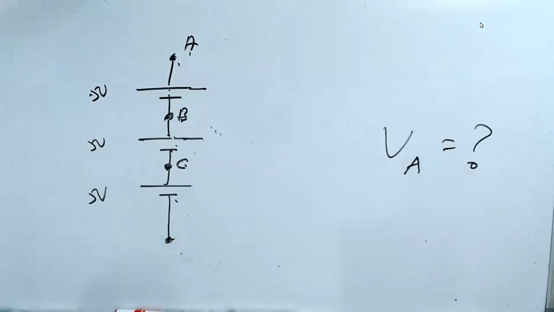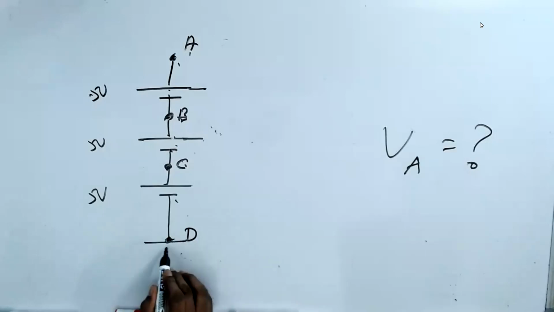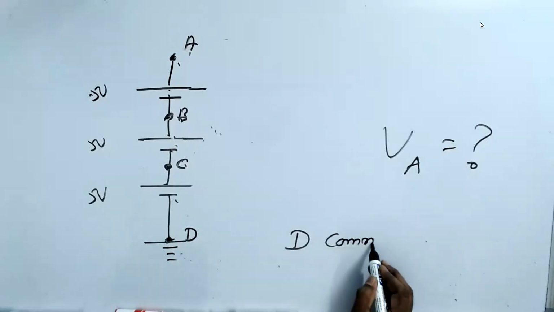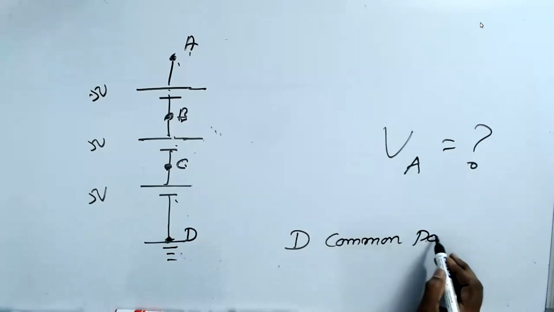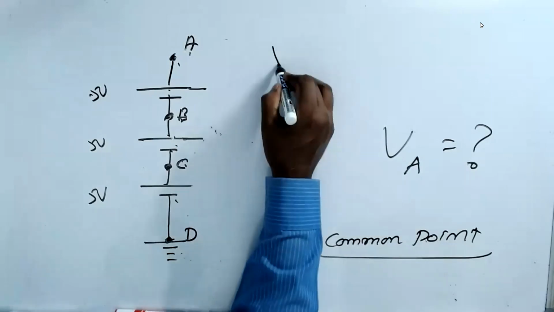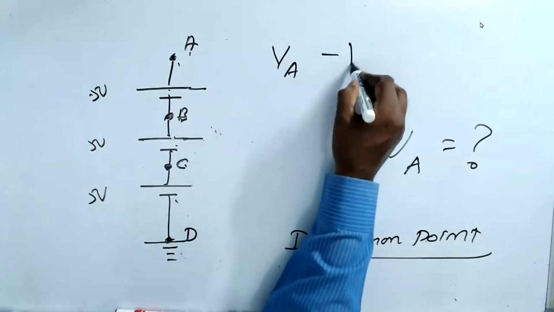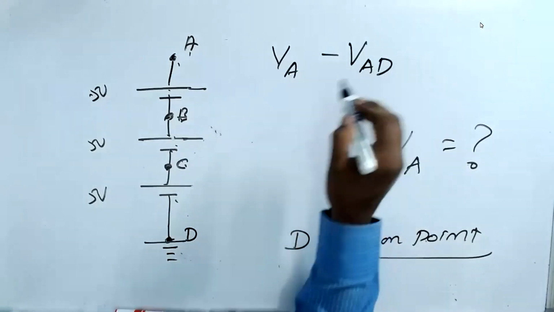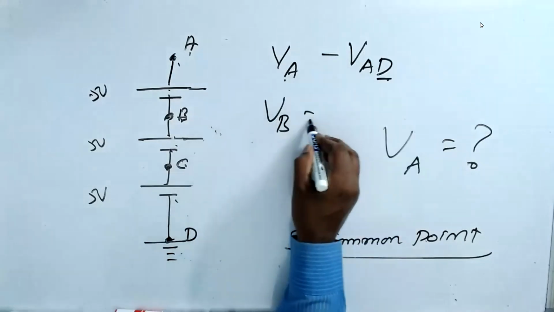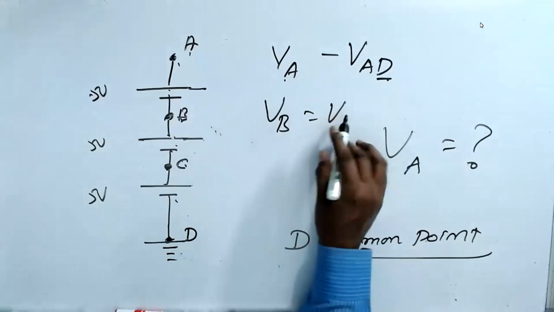Now what people say is that you make this a common point. I make D a common point. If you make D a common point, if I say VA, that means VAD. The D I don't mention. If I say VB, VBD.